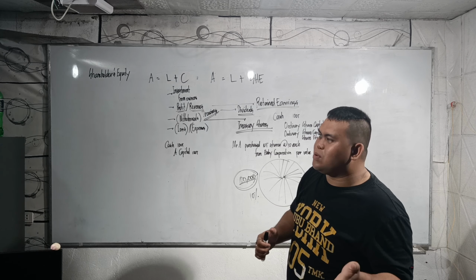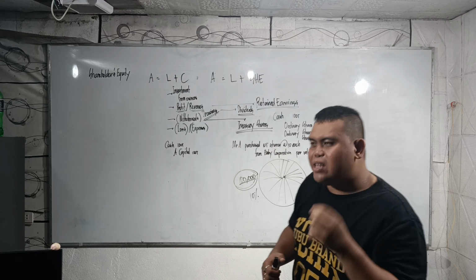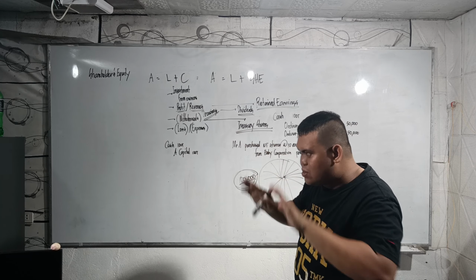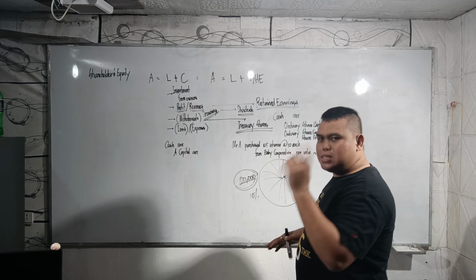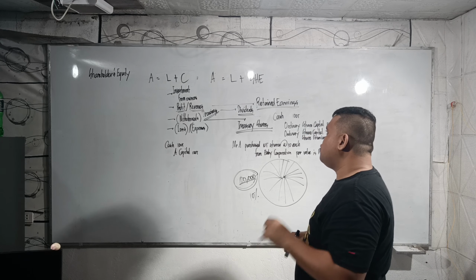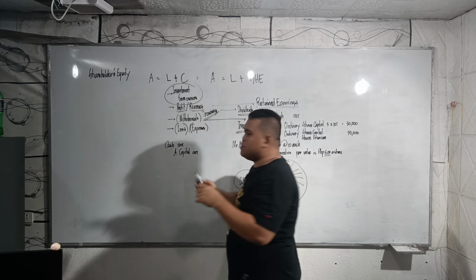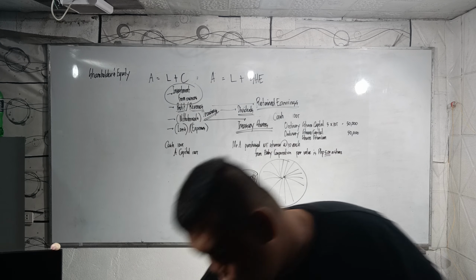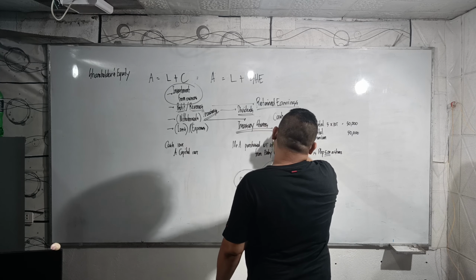What is the shareholders' equity ending balance if these are the transactions and these are the accounts? So that's our very main goal or end objective. For now, let's talk about this investment from owners. The entry is not just like this.